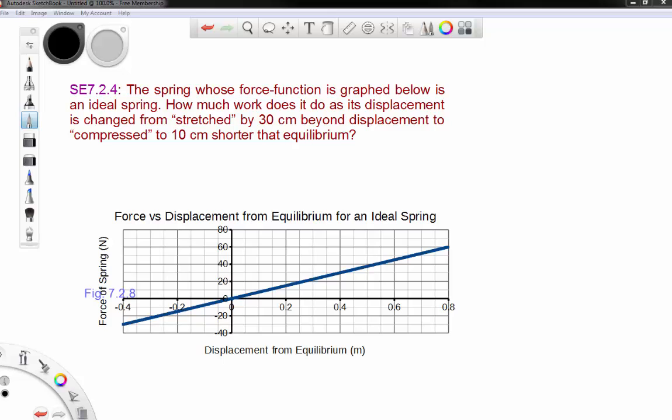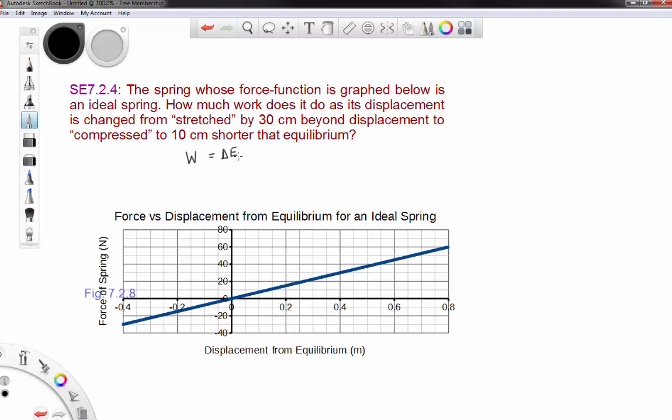Okay, so there's a few ways that we can try to do this. One is that you can use your equation. The equation, again, work is going to be equal to change in energy.